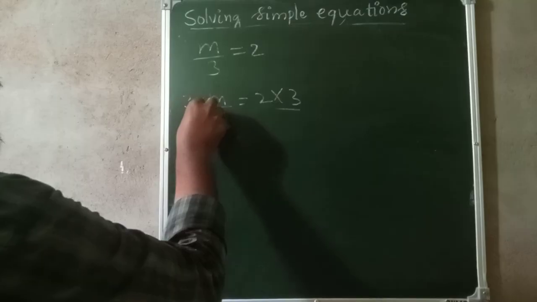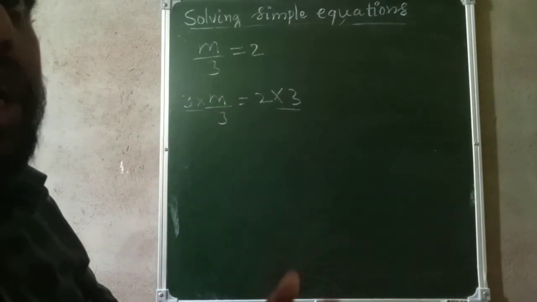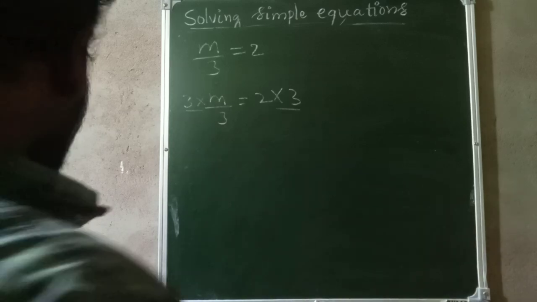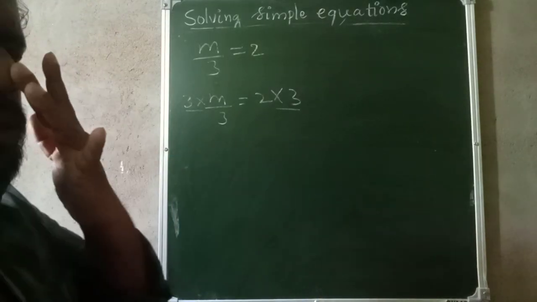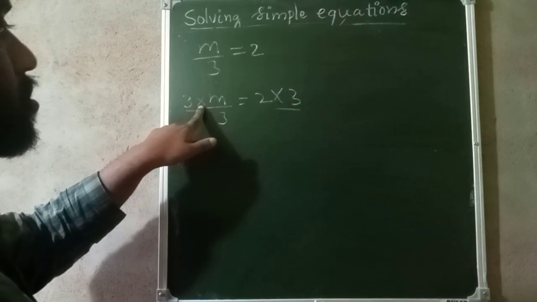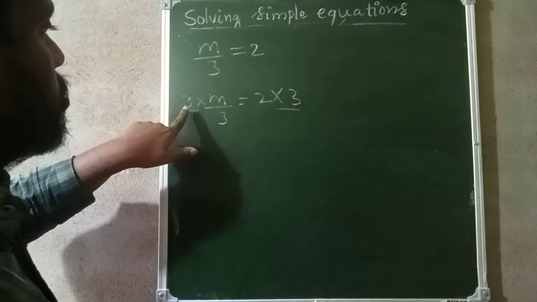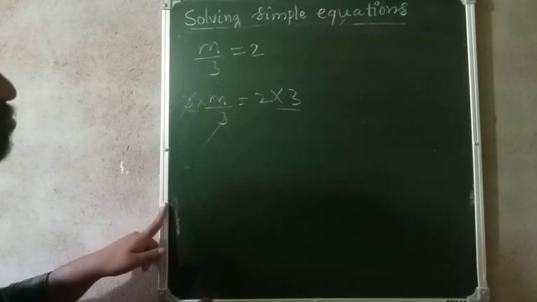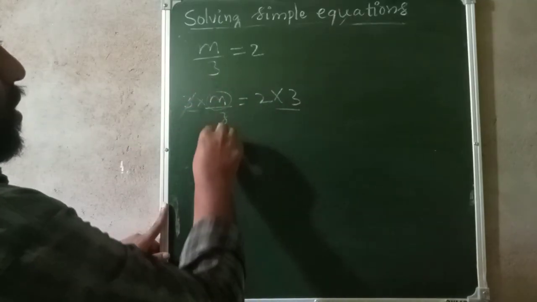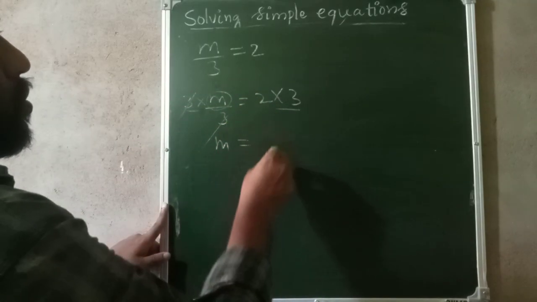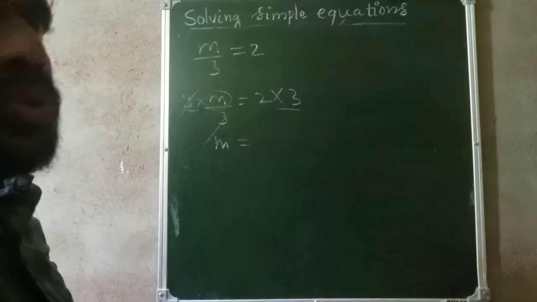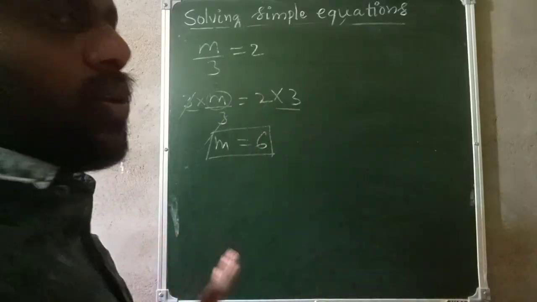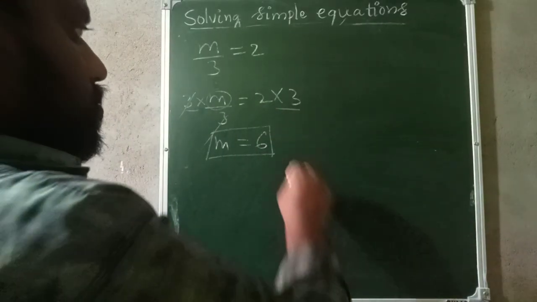Both sides I am multiplying by 3 because we have to remove this 3. This is also 3, this is also 3, so we can cancel both. Now what is left? M is equal to 2 into 3, that means 2 threes are 6. So we got m is equal to 6 as the answer.